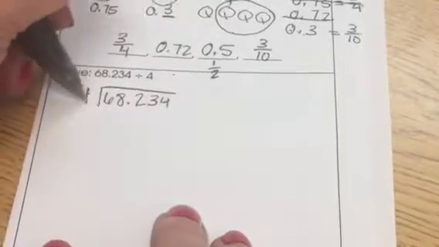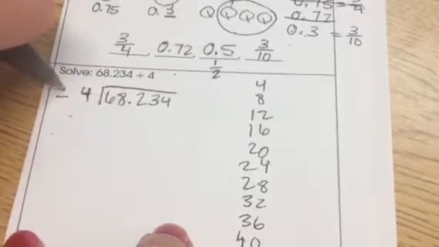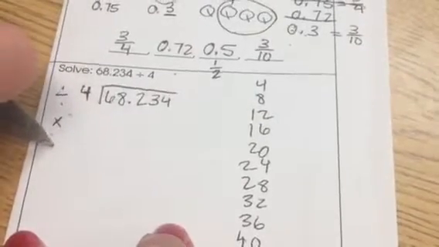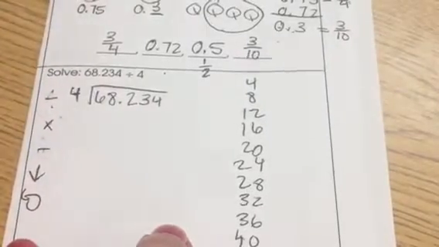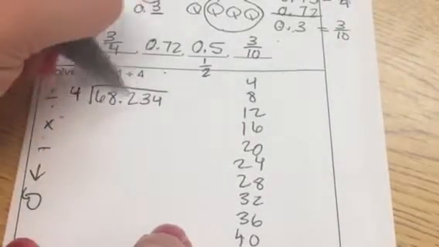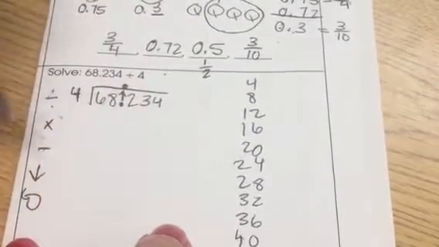I'm going to write out my multiples of the divisor, which is 4, 8, 12, 16, 20, 24, 28, 32, 36, 40. And then I'm going to write out my steps. Divide, multiply, subtract, bring down, repeat. And the only thing that's different when we're dealing with a decimal is you just bring that decimal point up.